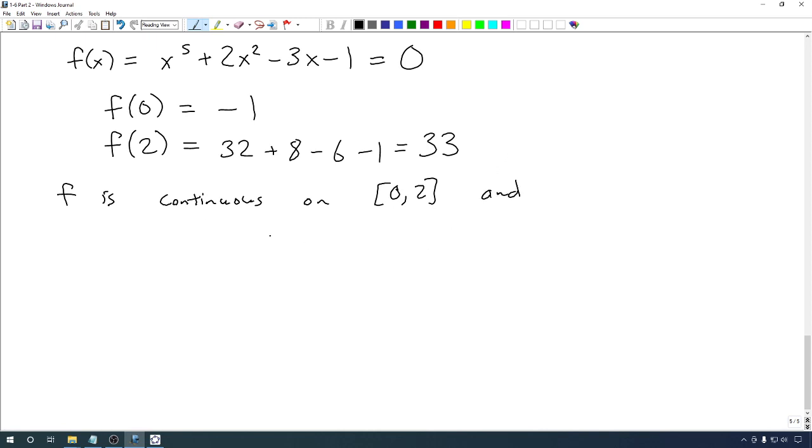And we know that 0 is between this negative 1 and 33. We end up with a positive number and a negative number. So 0 is between f of 0 and f of 2. That means that there has to be some point between 0 and 2 where f of that point is 0.